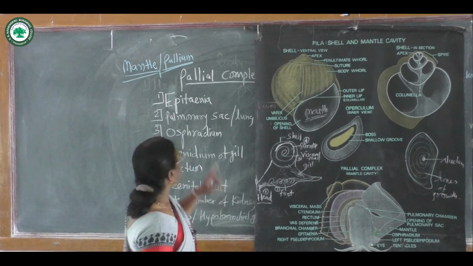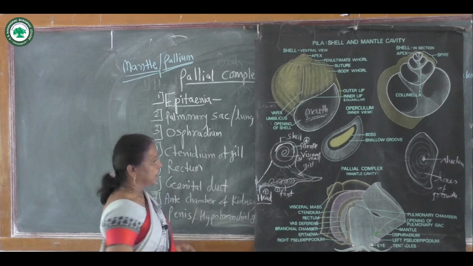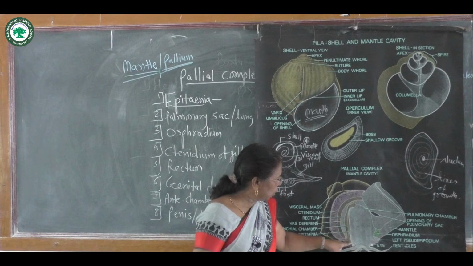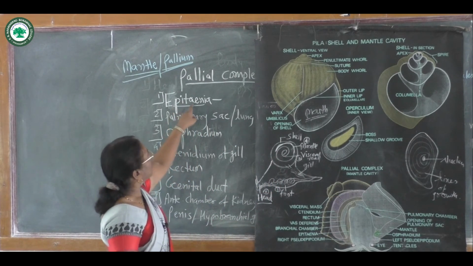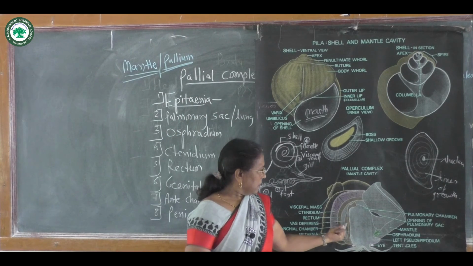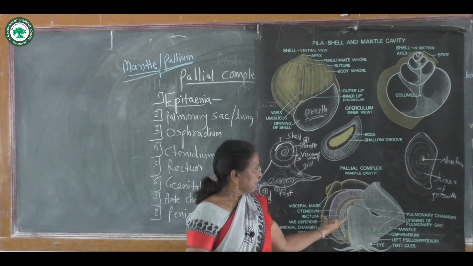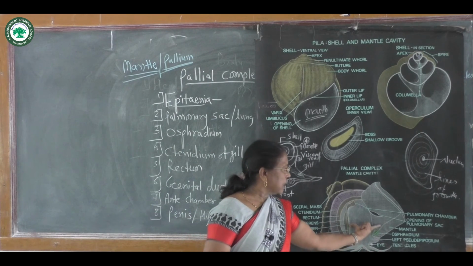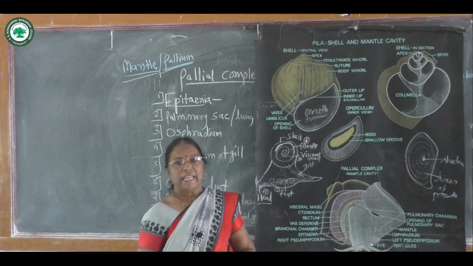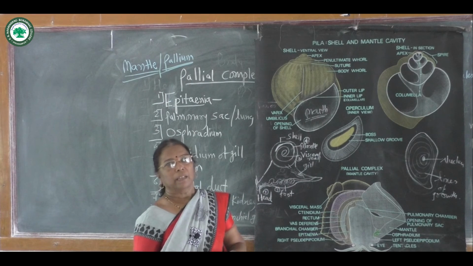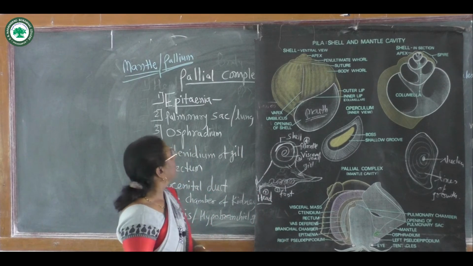Due to the presence of this epithenia, the prominent skin fold which arises from the right nuchal lobe and goes back up to the base of the mantle cavity, the mantle cavity divides into two regions: a small right branchial chamber and a large left pulmonary chamber. This epithenia plays an important role during aquatic respiration and aerial respiration.